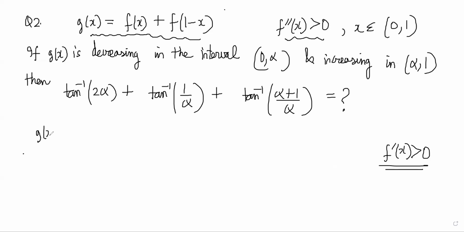If you have g of x equal to f of x plus f of 1 minus x, what is given is g of x is decreasing somewhere and increasing somewhere, right?